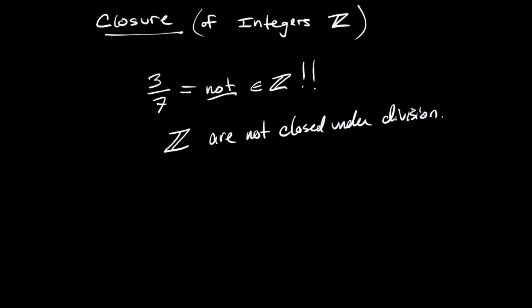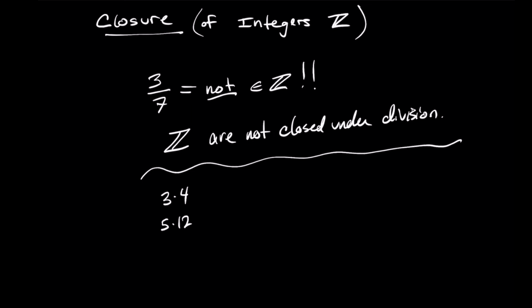But if we multiply two integers, let's say 3 times 4, 5 times 12, any two integers that we multiply, we're going to get another integer. And that's because they're closed under multiplication. And similarly, if we add or subtract, subtraction is included in addition.